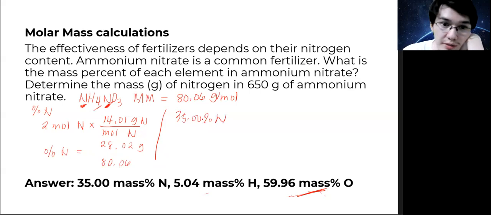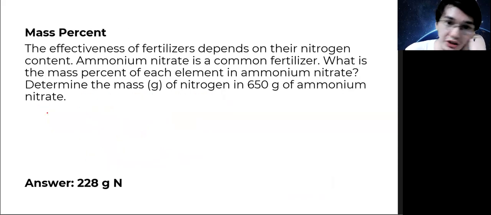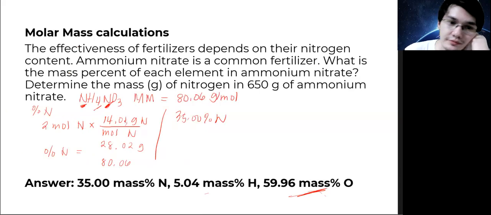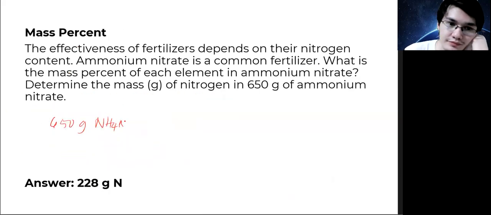So to determine the mass nitrogen in 650 grams of ammonium nitrate, we multiply this value to the percentage of nitrogen, which is 35%.